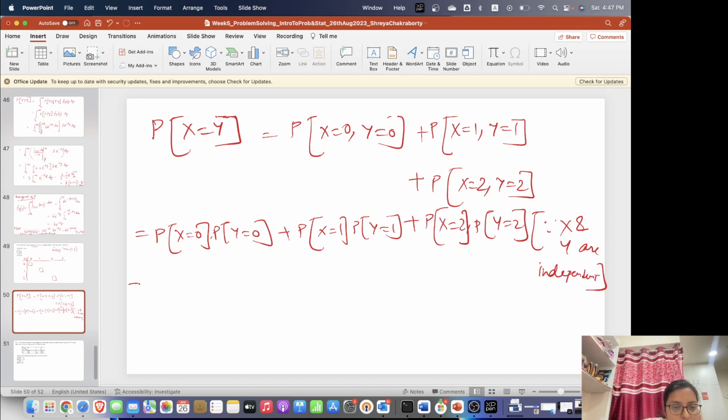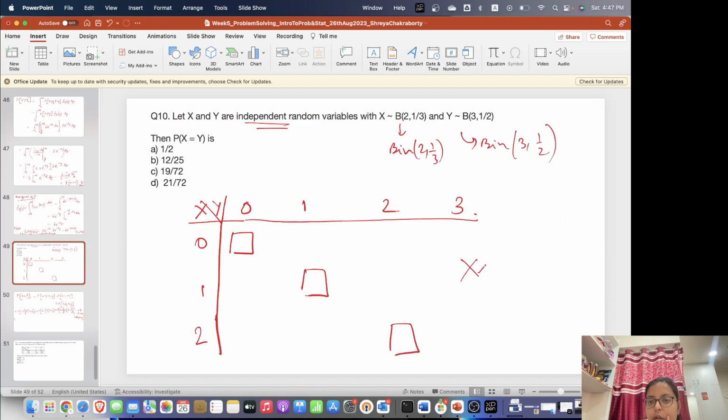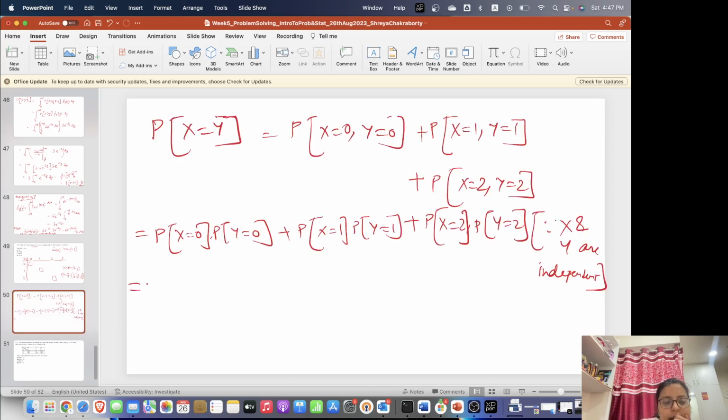Okay, so this one we'll just put the formula. If x follows binomial(2, 1/3), then probability X equal to x is 2Cx (1/3)^x (2/3)^(2 minus x). So we'll just substitute over here.